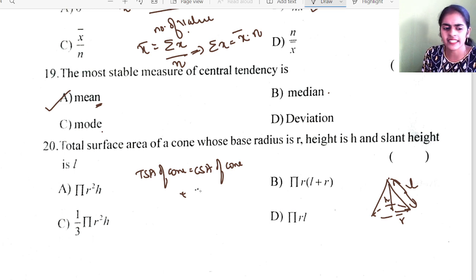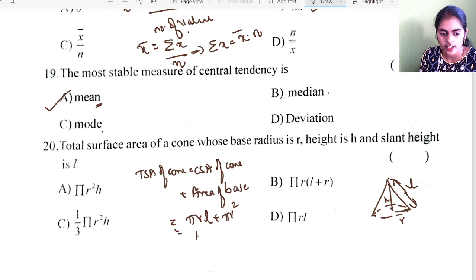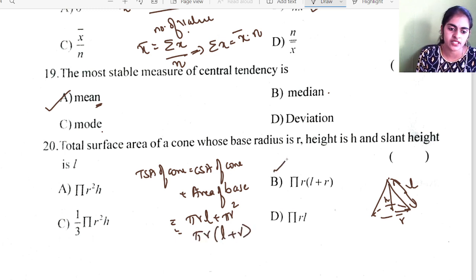The base is circular, so CSA of cone is pi R L plus area of base, and the area of a circle is pi r square. So if I take pi r common, I'll have pi r times L plus R. So this is the correct option.